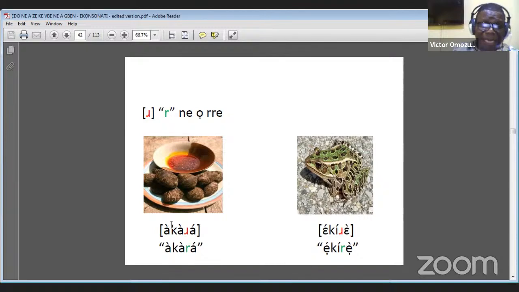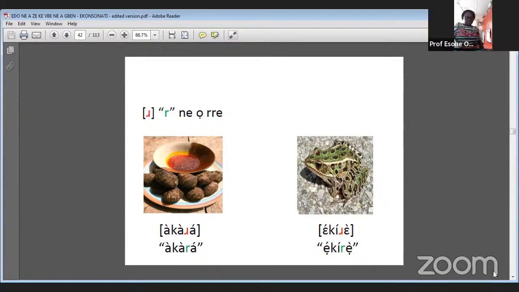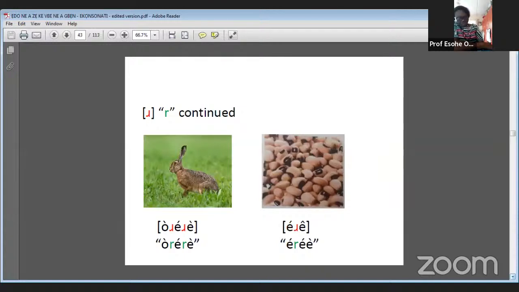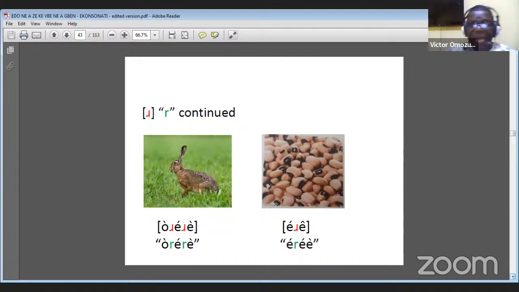So you have it in akara, akara. You have it there, ekire. You have it there, ore. Ore is in the family of the squirrel and all that. And then you have it there, that's beans.